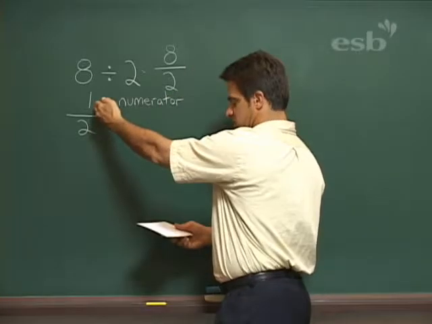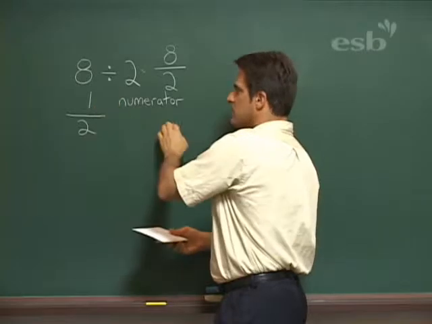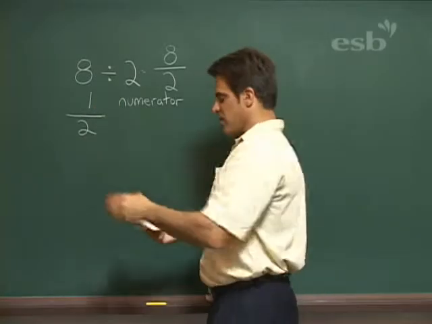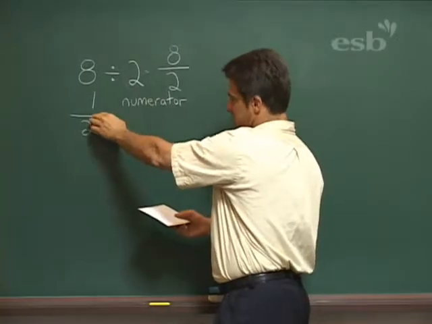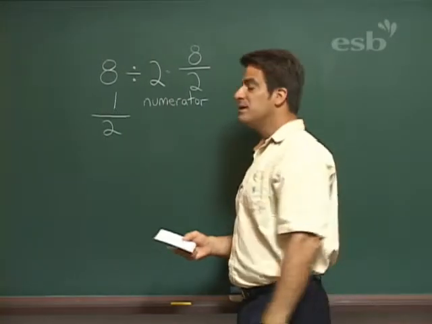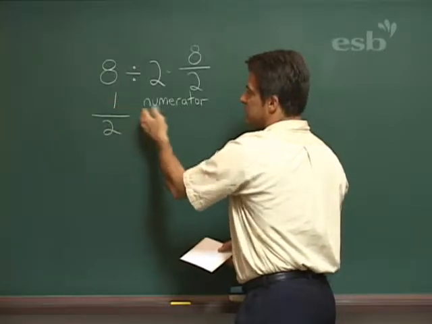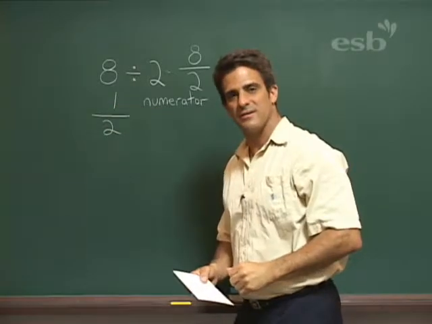The number on the top is called the numerator. The numerator is the top part of a fraction. In this fraction, the number 1 is the numerator.